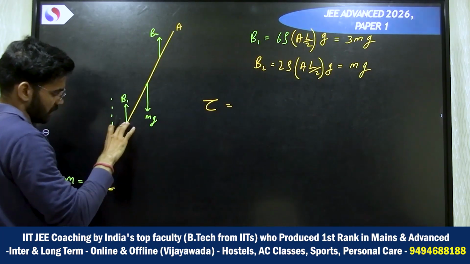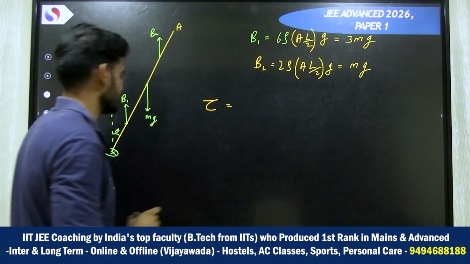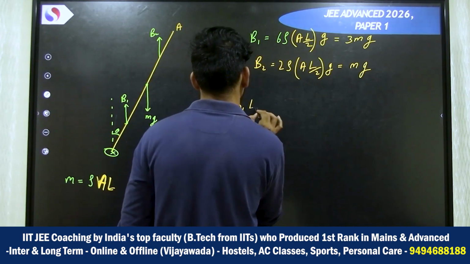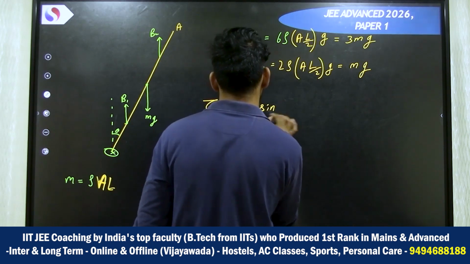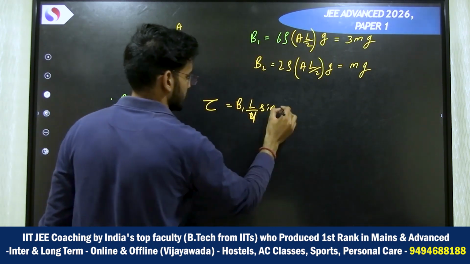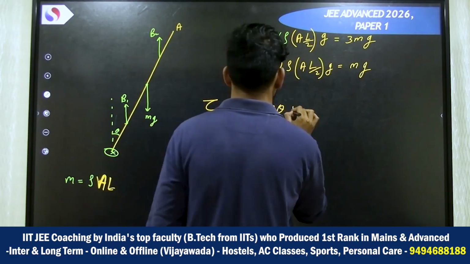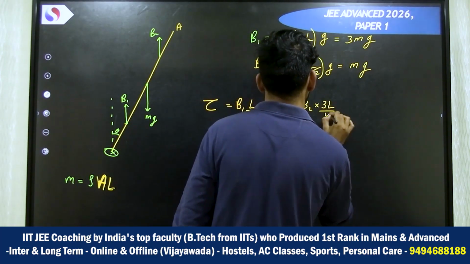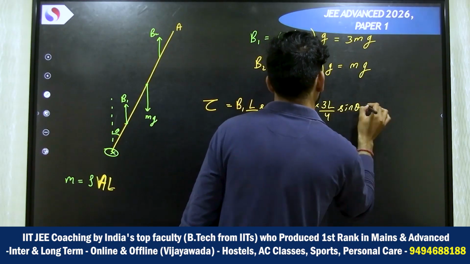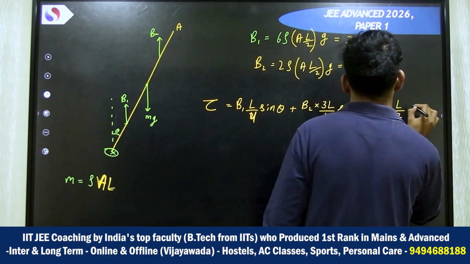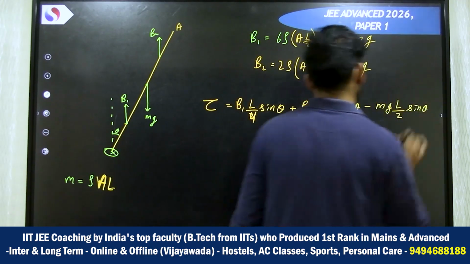So B1 L by 4 sine theta, plus B2 3L by 4 sine theta, minus mg L by 2 sine theta. This is the net torque.